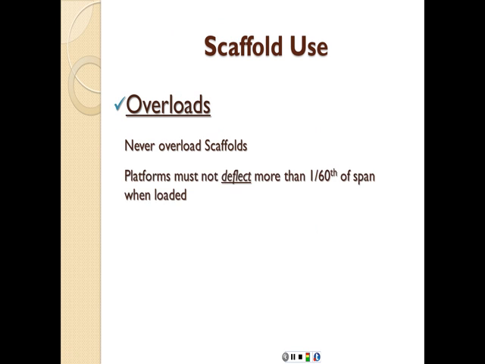Never overload scaffolds because there's going to be the risk of collapsing. Platforms must not deflect more than 1/60th of span when loaded, and that's going to show you if it's overloaded or not.